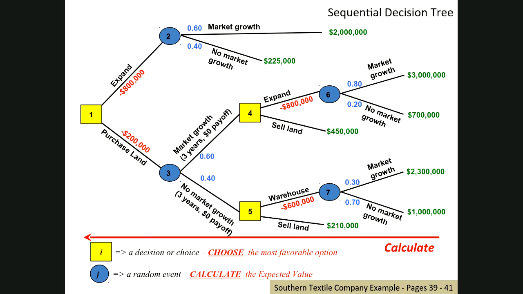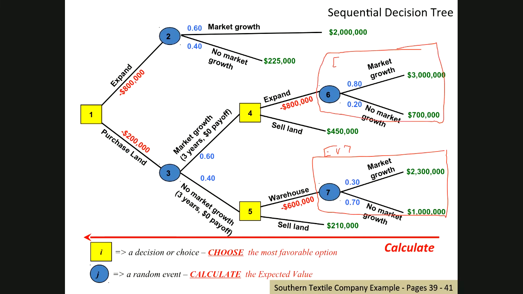So here's our completed decision tree. And what we're going to do for node 7 here, we're going to calculate an expected value for this location, EV at 7. And we're also going to calculate the expected value for location 6.